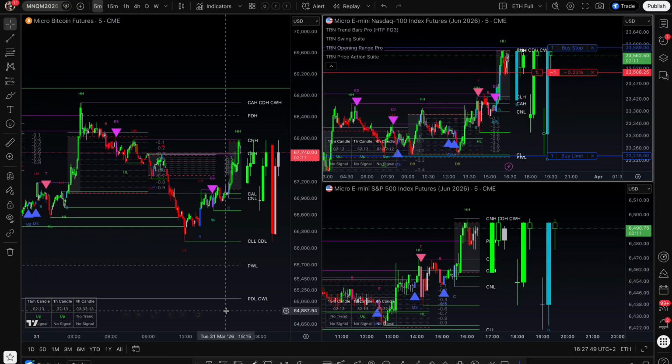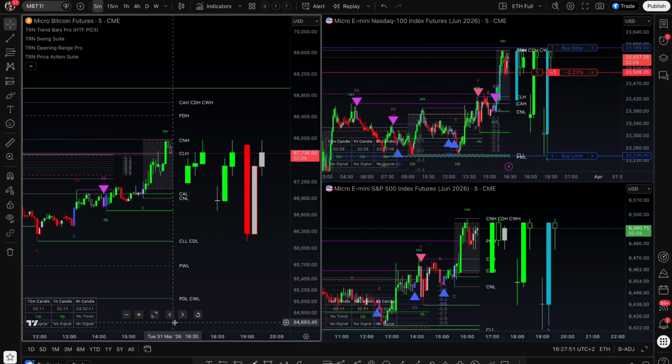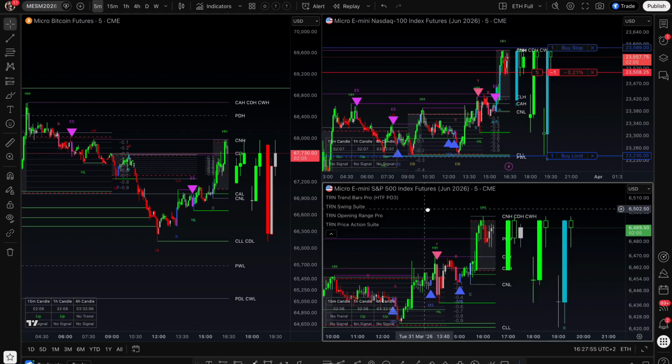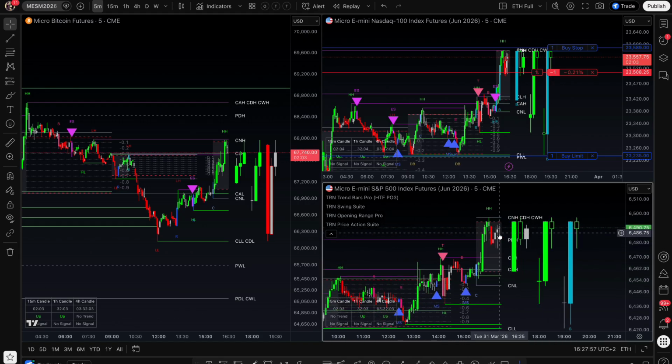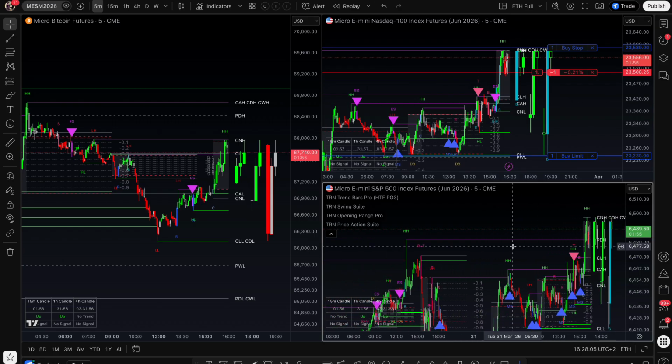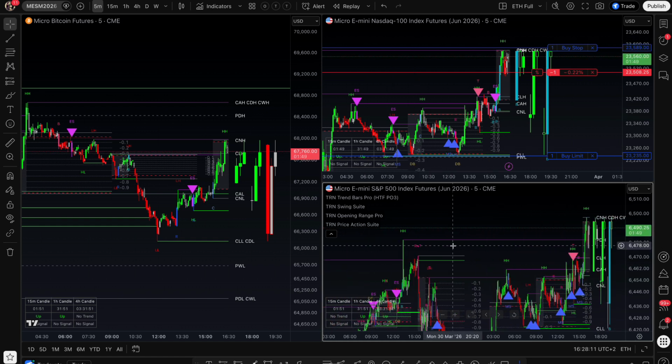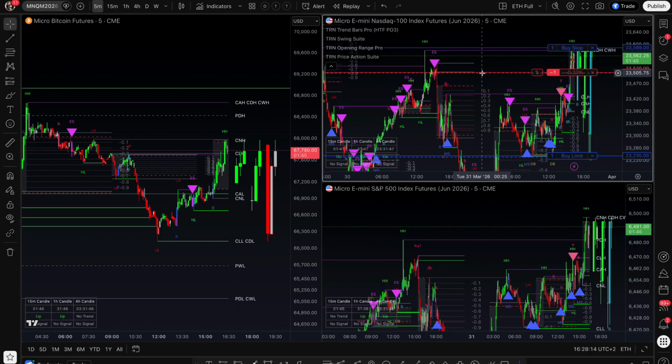But let's see. I would really like to get another opportunity, maybe even a long signal here on ES. Then I could hedge against this position on NQ. Because I think ES looks like it wants higher and performs stronger than NQ, because we are already above this interesting key level, and NQ still is moving around this level.